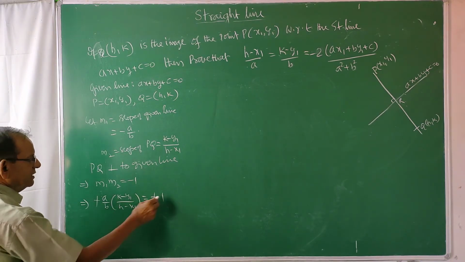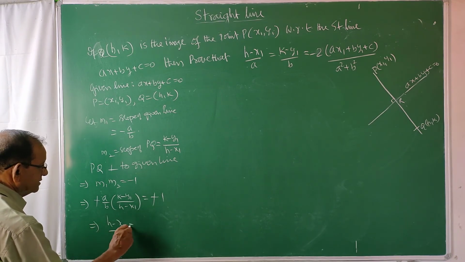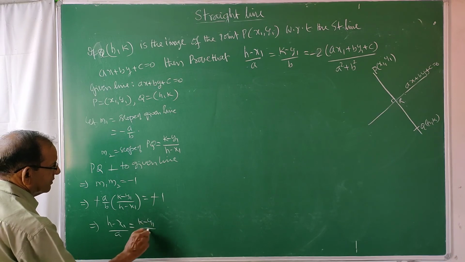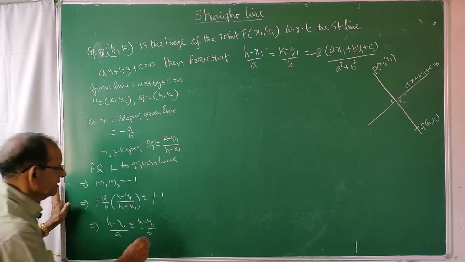As usual, this is h minus x1 by A is equal to k minus y1 by B from this one by interchanging of these terms. You take this is equal to R, say.